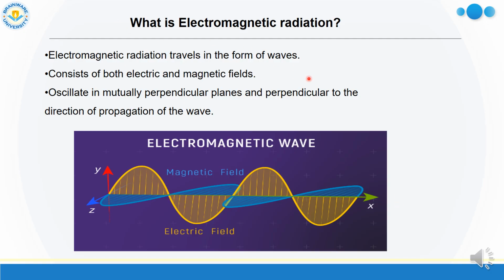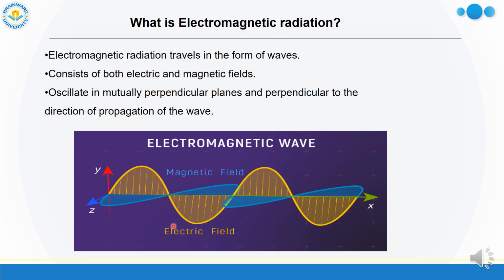Now, what is electromagnetic radiation? Electromagnetic radiation means light and it travels in the form of waves. See in this picture, this yellow line indicates the electric field and the blue wave indicates the magnetic field.